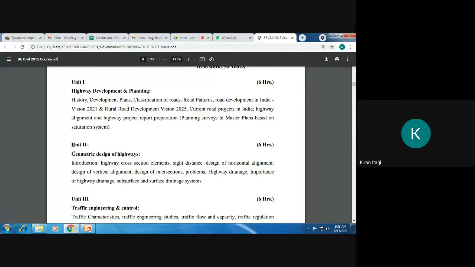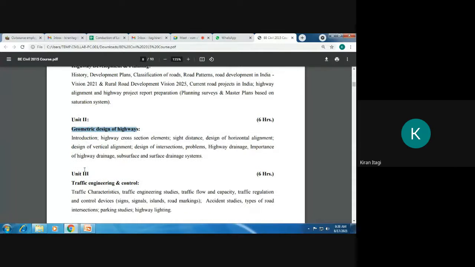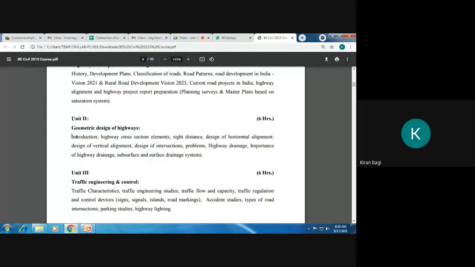Considering the geometric features and the alignment of the way, whether it is straight or a little bit across, and the different types of places where it is reaching. So we will consider all the factors while going to construct a road. Keeping it all in mind, we will go on to design a road.